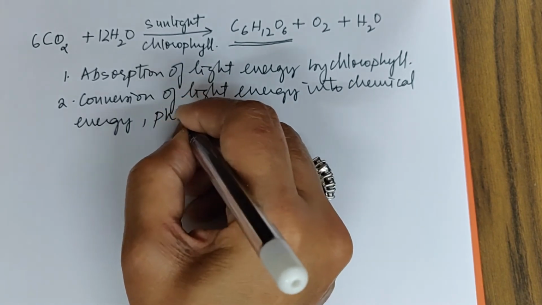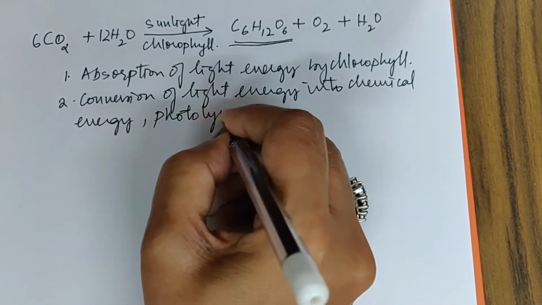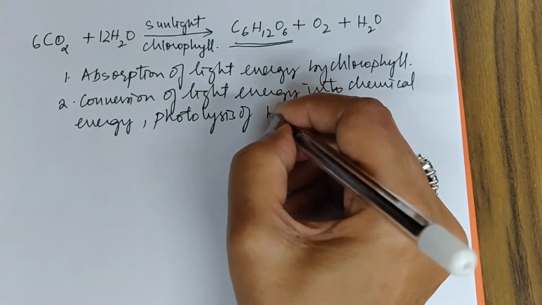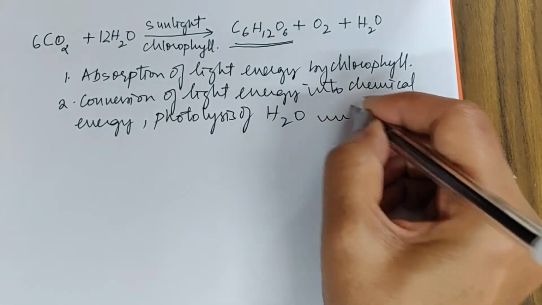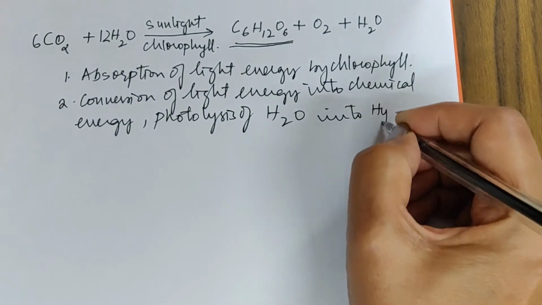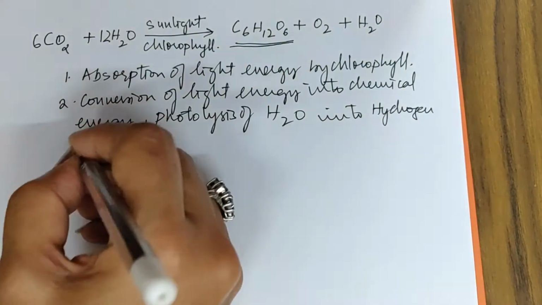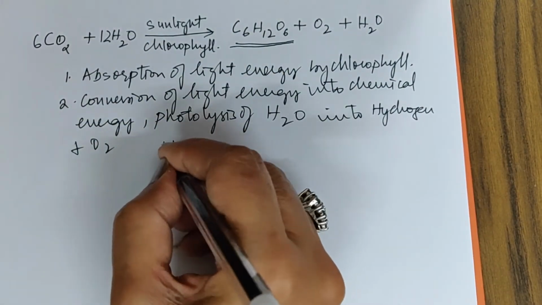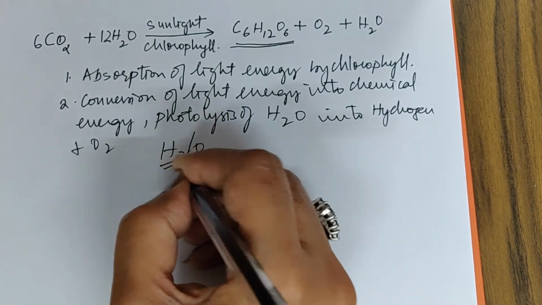So there is photolysis of water into hydrogen and oxygen. This water molecule breaks up into hydrogen and oxygen.